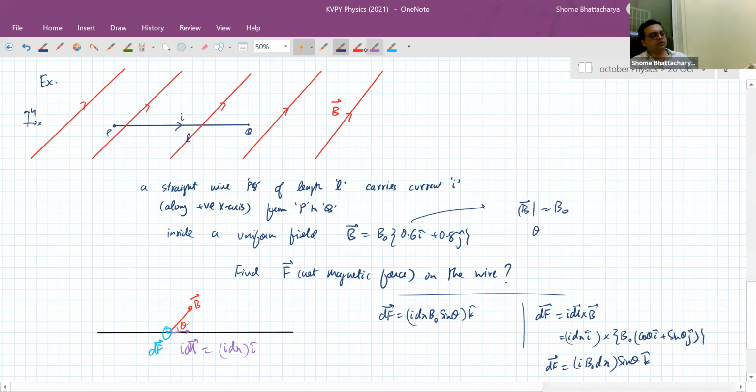this theta is cos inverse 0.6 or sin inverse 0.8, which is 53 degrees. This will become 0.8 I B naught.